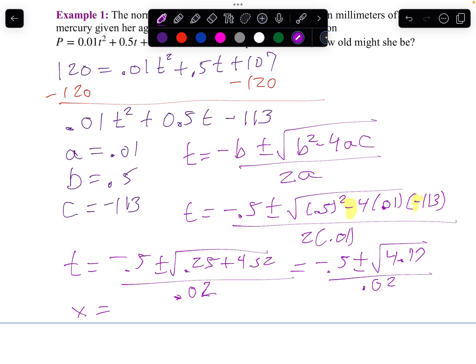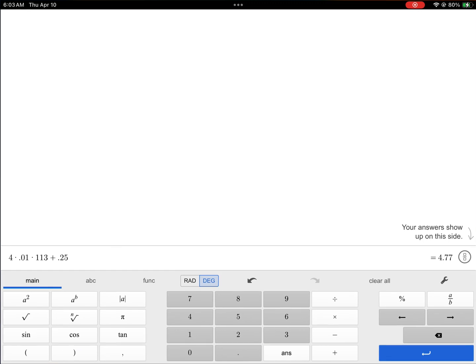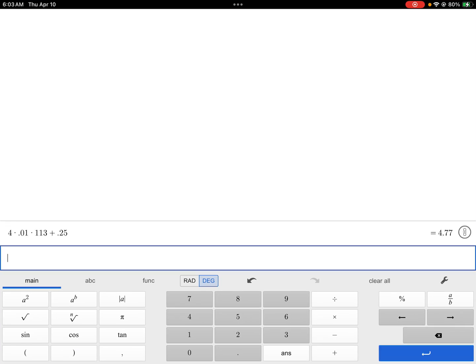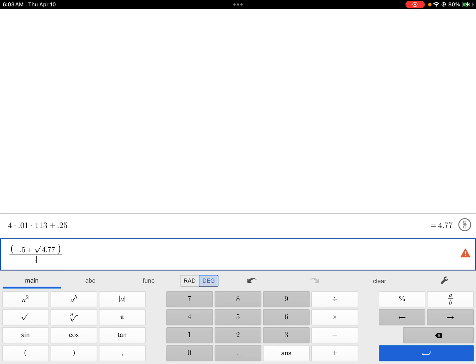So I'm going to take negative 0.5 plus the square root of 4.77. In fact, I'm going to put this in one line, so we'll put in a parenthesis. So negative 0.5 plus the square root of 4.77. And I'm going to divide that by 0.02. So her blood pressure should be about 84.2.